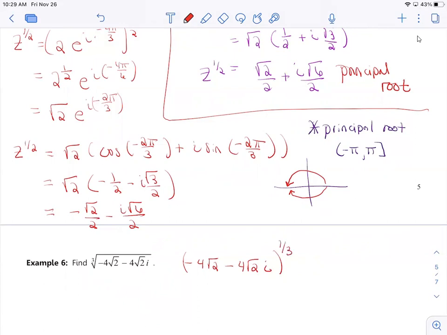That's the same thing as what the cube root of that is. So I just want you to find 1, okay? Because again, remember the cube root of 8 is just 2. So we don't have to worry about multiple roots. So you're going to do the same process, right? You got to write it in Euler's formula, raise it to the 1/3, figure out your r, your theta, and then rewrite it again in rectangular form.